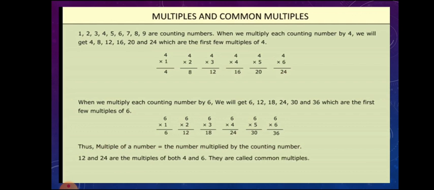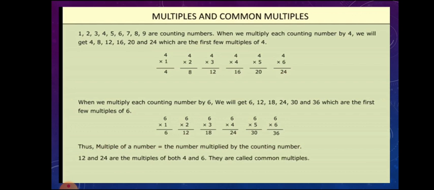You can see this: 4 ones are 4, the first multiple of 4. 4 twos are 8, the second multiple of 4. 4 threes are 12, 4 fours are 16, 4 fives are 20, 4 sixes are 24. These are the first 6 multiples of 4.